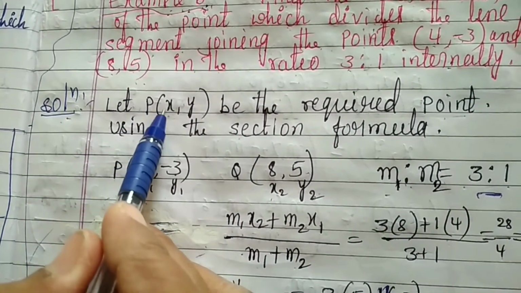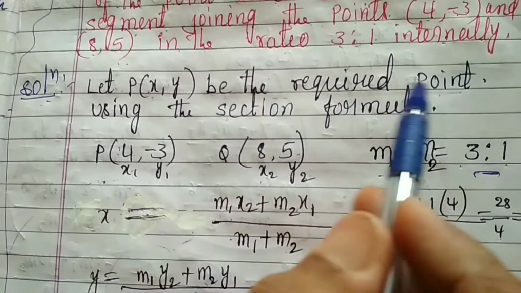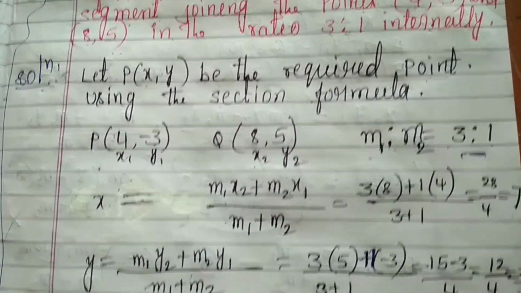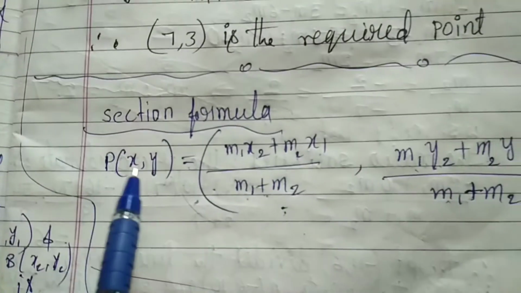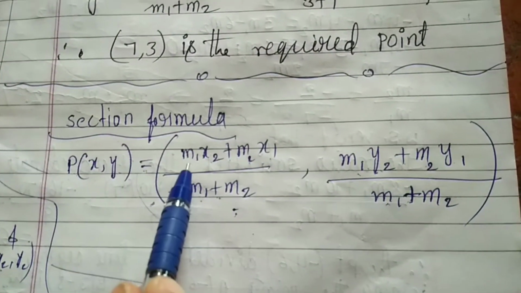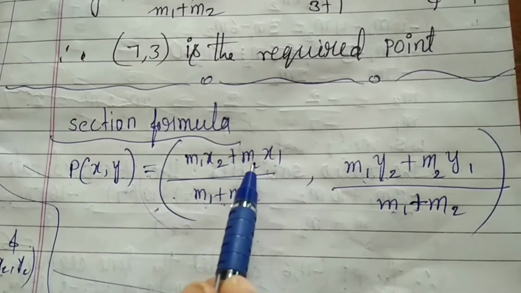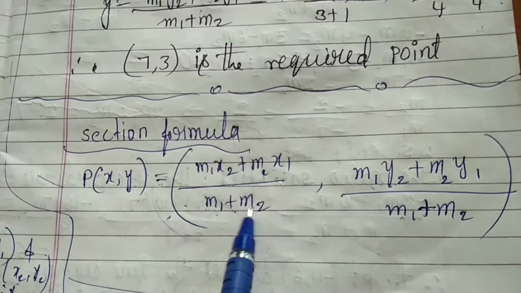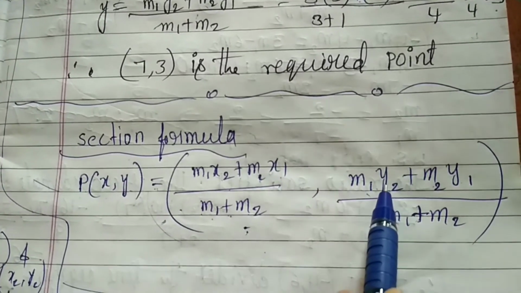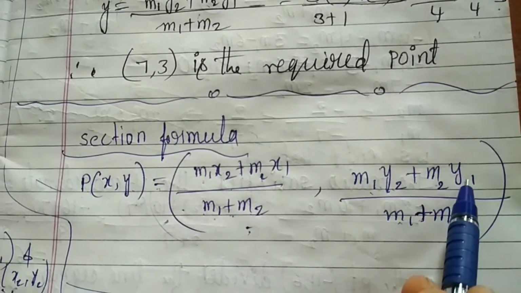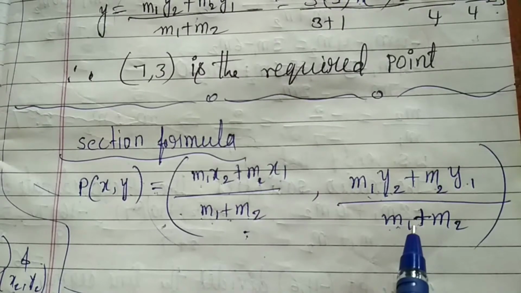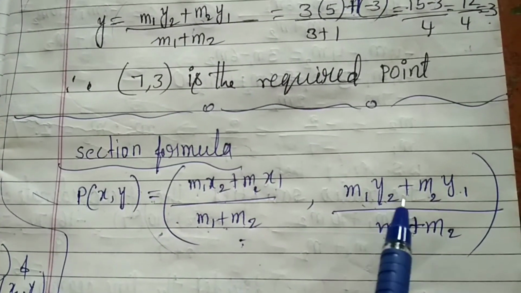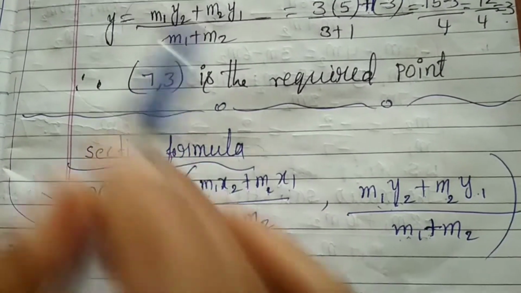Let P of x, y be the required point. Using the section formula, P of x, y is equal to m1 x2 plus m2 x1 divided by m1 plus m2, m1 y2 plus m2 y1 divided by m1 plus m2. We take this as the coordinate of x and this as the coordinate of y.